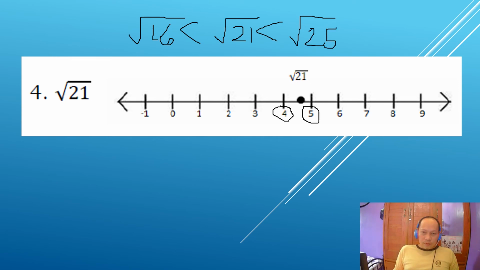Ayan. Okay. So, square root of 25, ito yung 25. But square root of 16, ito siyang 4. So, nasa pagitan nila yung square root of 21. Okay. Square root of 21, ito siya.